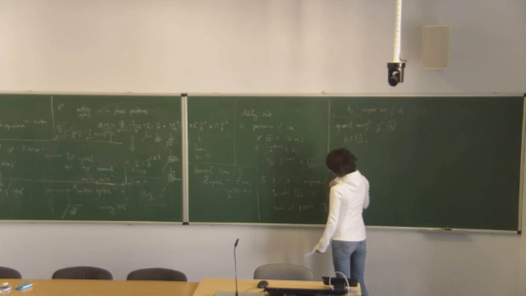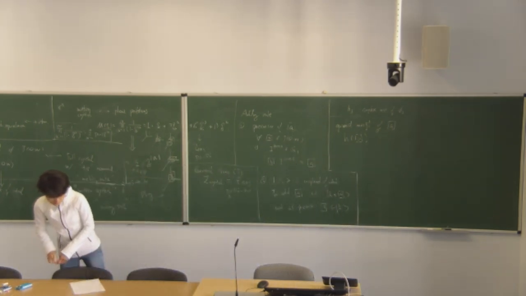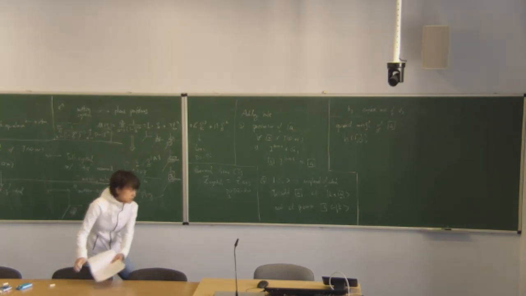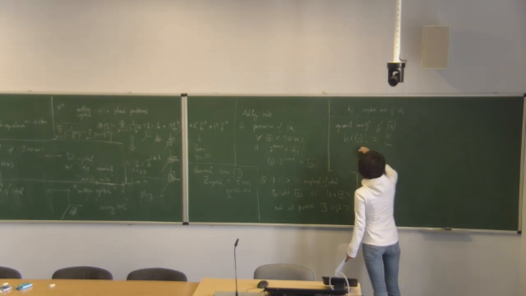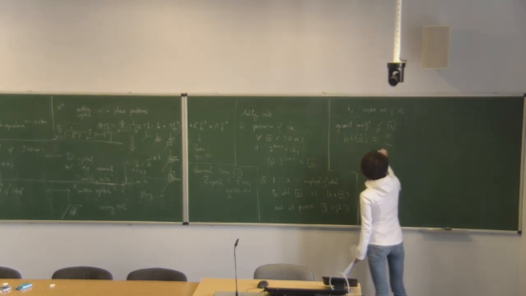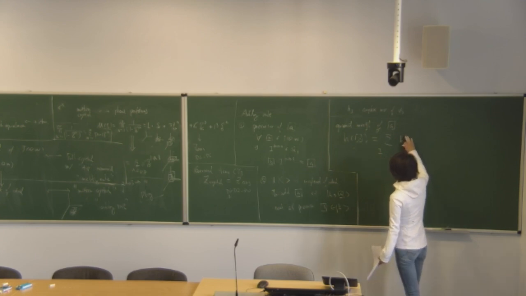So remember that each atom corresponds to a path up to path equivalence. Then the weight of the atom just corresponds to the sum of the weights of all the arrows inside this path.